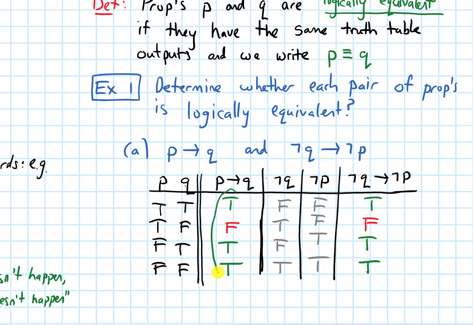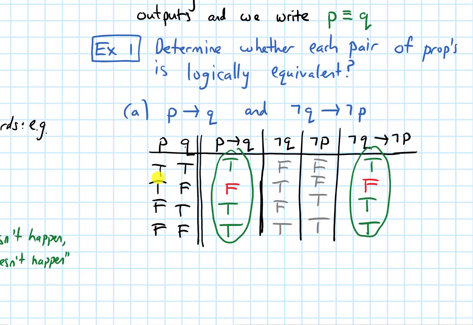If we look at this row and this row, they have the exact same truth value outputs. So the answer to this question is yes. Yes, they are logically equivalent since their truth table outputs are the same.